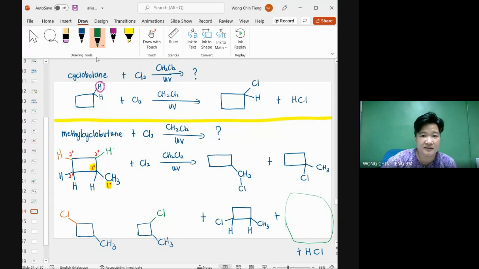Okay. Reason. Kenapa orange? As simple as position. 1, 2. Betul? 1, 2 juga. Tapi 1, 2, 3. Nampak?